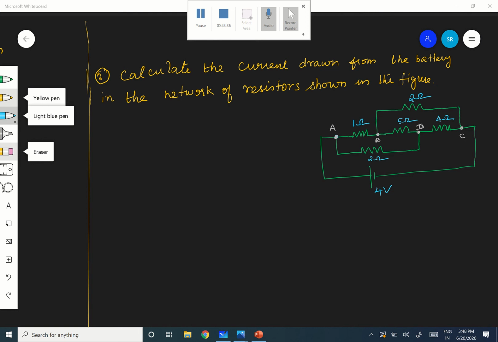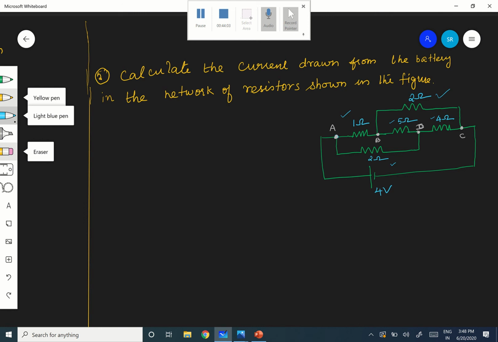Now it is given, 1 ohm, 5 ohm, 4 ohm. Between A and B 1 ohm, B and D 5 ohm, D and C 4 ohm, between B and C it is 2 ohm, and between A and D it is 2 ohm. The EMF of the cell that is connected is 4 volt.